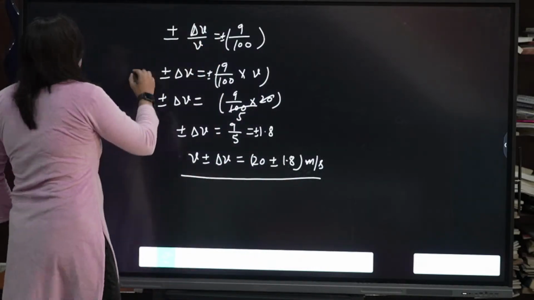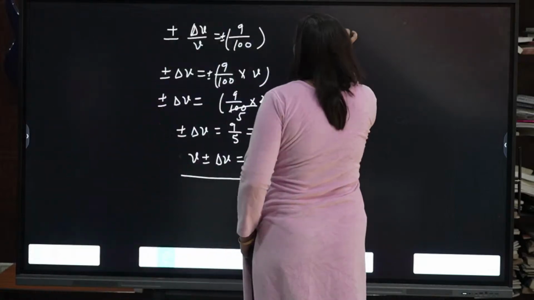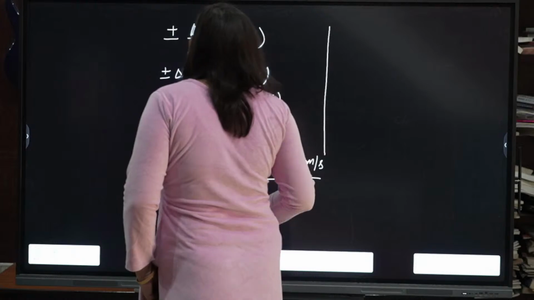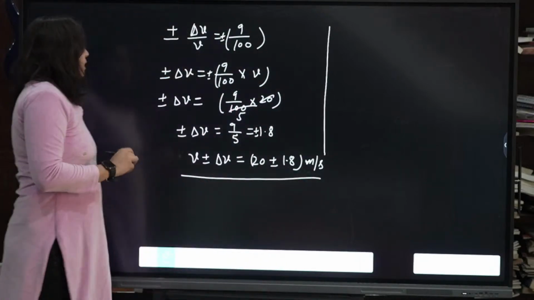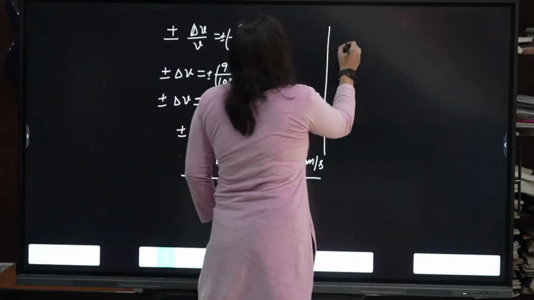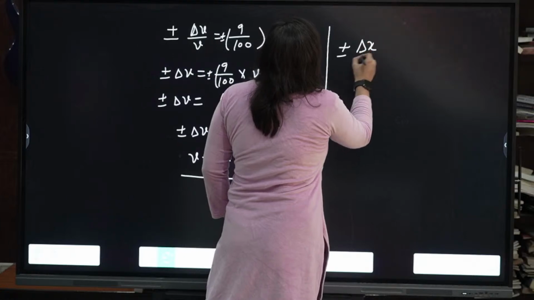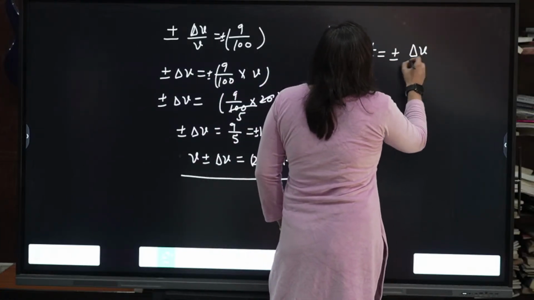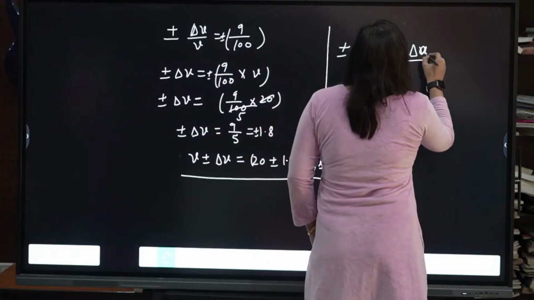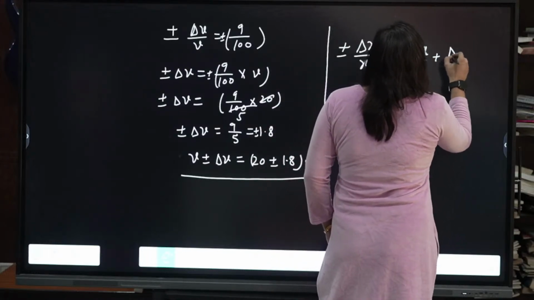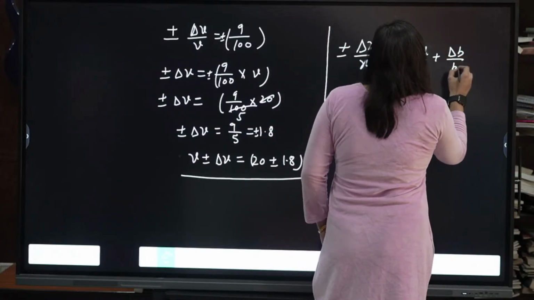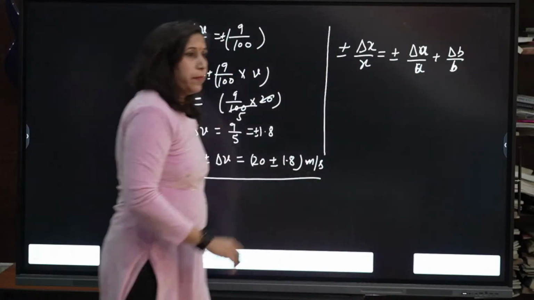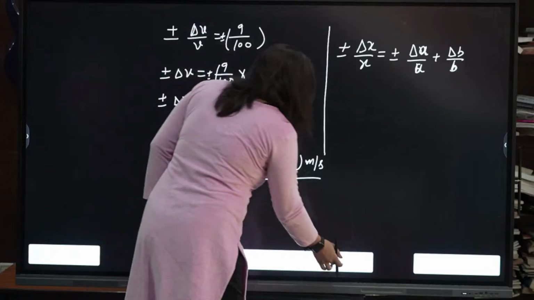Clear? And the same formula is used in product and in division. When we find out the errors, then we apply the formula plus minus del x by x is equal to plus minus del a by a and del b by b. Done.